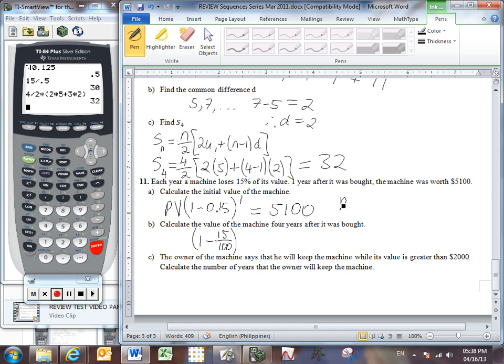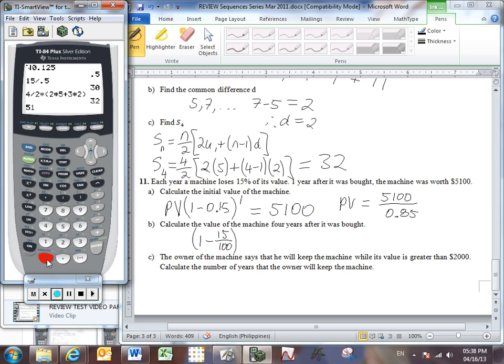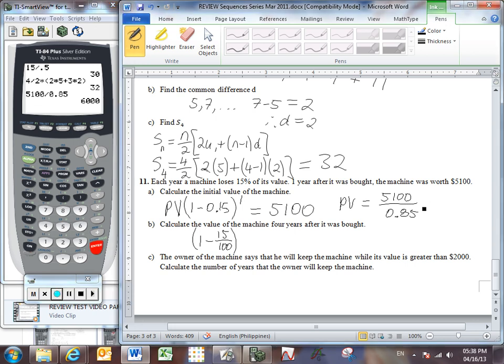So this means then that the present value is going to be equal to 5,100 divided by that 1 minus 0.15, or 0.85. And so what was the initial value of the machine before it lost the 15%? And we find out that it was initially $6,000. That makes sense, doesn't it? You expect the initial value to be higher, and then when it loses 15% of 6,000 after 1 year, it's now down to 5,100.